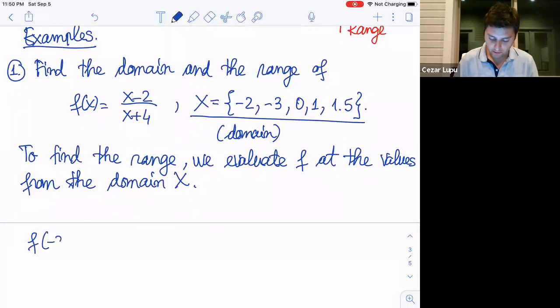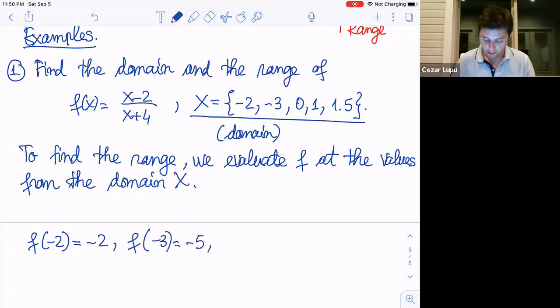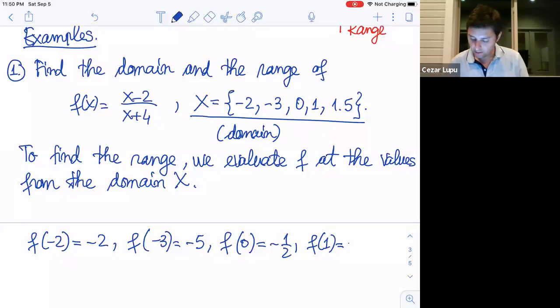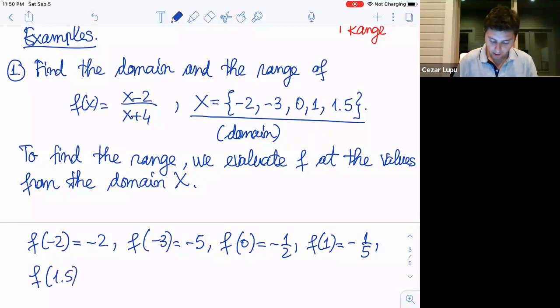Let's plug in for each one of them. We'll evaluate f of -2. If you plug in f of -2 there, this will be -2. f of -3 will be -5. f of 0 will be -1/2. f of 1 is -1/5. And f of 1.5, this would be -1/11.